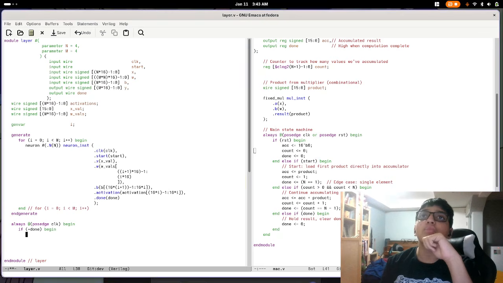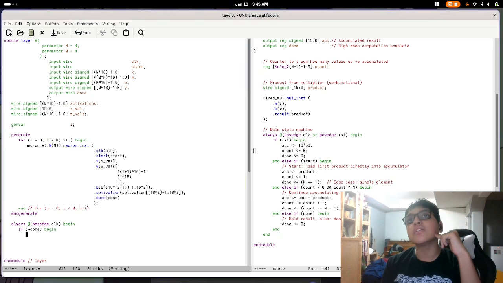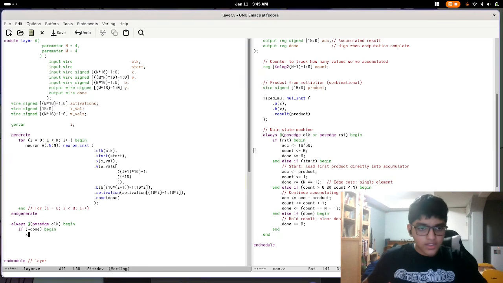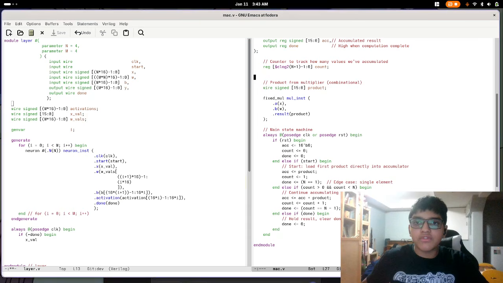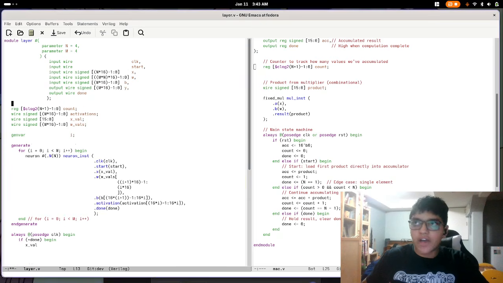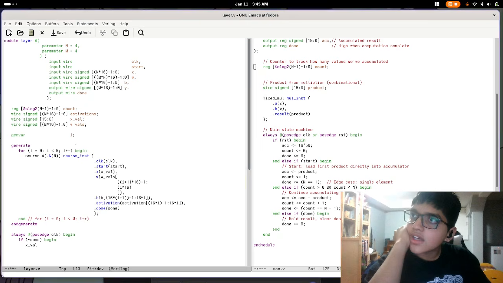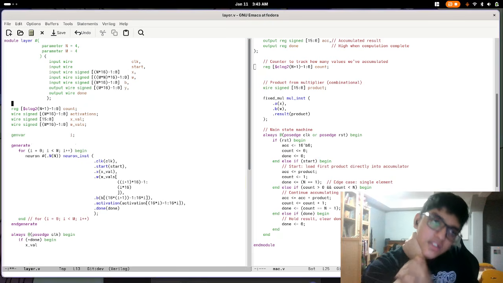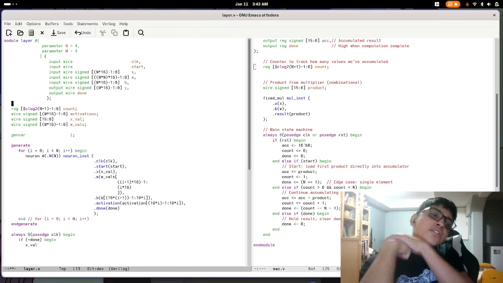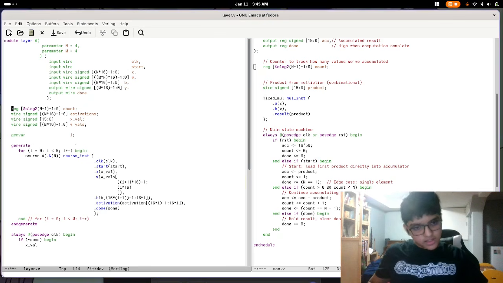Because the wires are all... oh, right, we need to load in the correct X and W values. So for X, we should probably keep a count of how many inputs we've iterated through. So there's that.